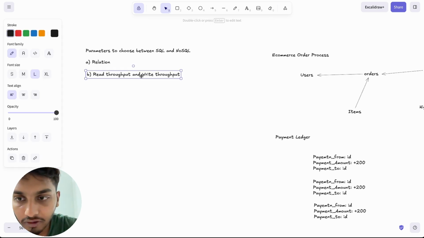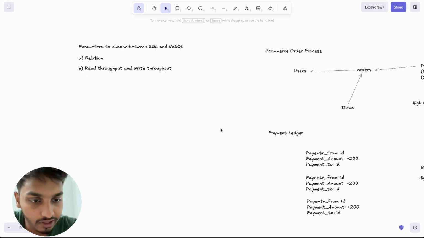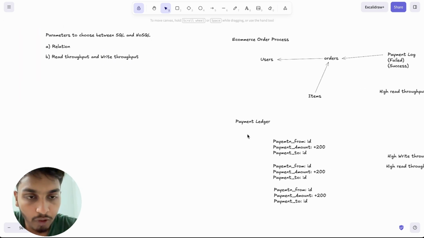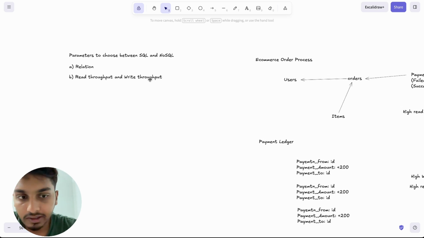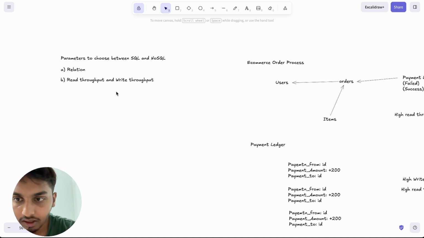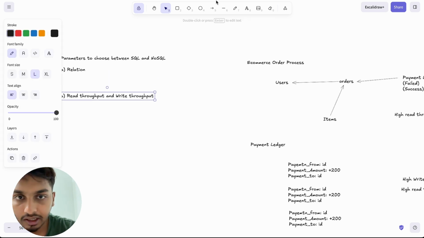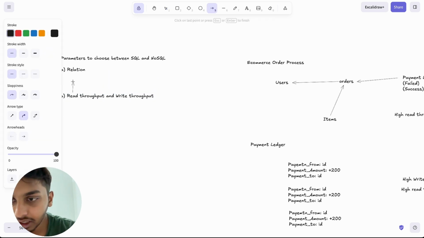In the case of write throughput, NoSQL always wins, because it is in append-only format. While in read throughput there are two cases: either the relationship is complex or it is not. So read throughput is also dependent on relationship.